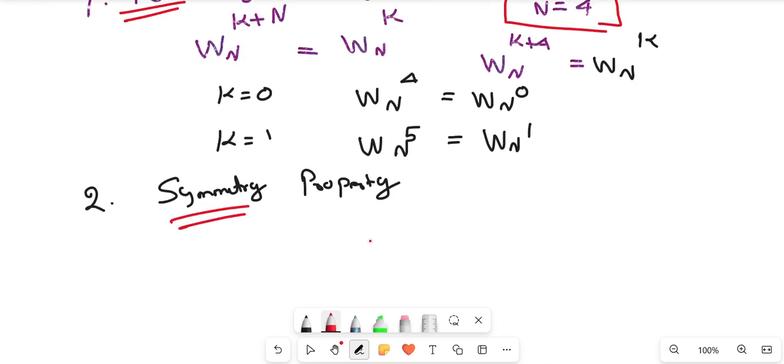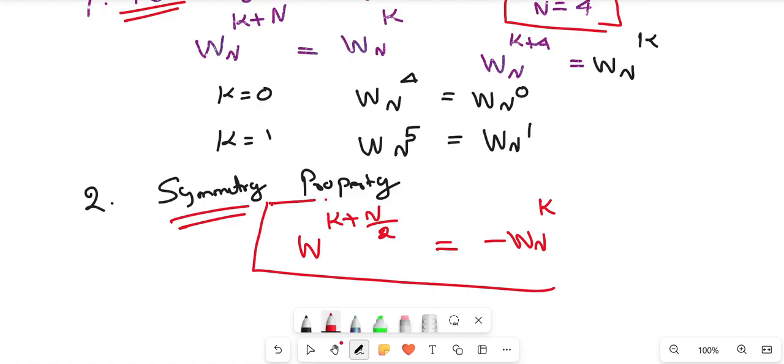The symmetry property says that W_N power k plus N by 2 is equal to minus W_N power k.